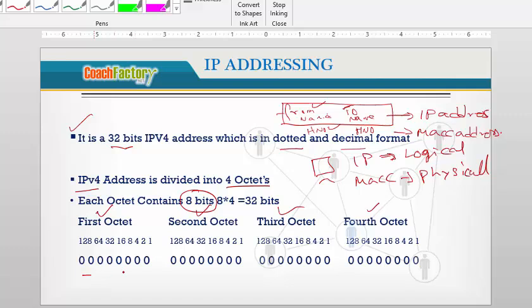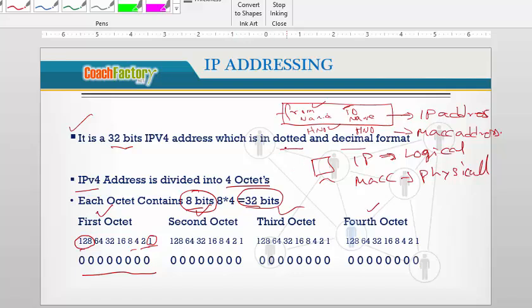So every octet contains what? 8 bits. These are binary numbers, zeros and ones. These are known as what? Bits. Every bit has a predefined value, 1 to 128. So we have 4 octets in an IP version 4 address, and each octet has 8 bits, so 8 into 4 equals 32 bits. So this is how our IP version 4 address is in 32 bits.